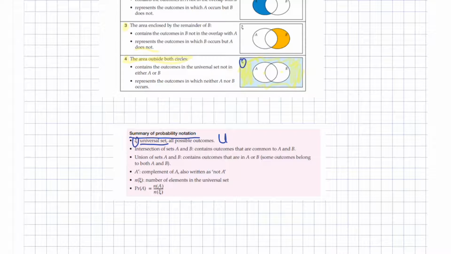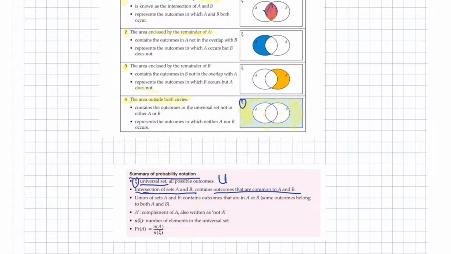Second important point, intersection of sets A and B. Our keyword here is intersection. It contains outcomes that are common to A and B, like you saw here in the middle bit.